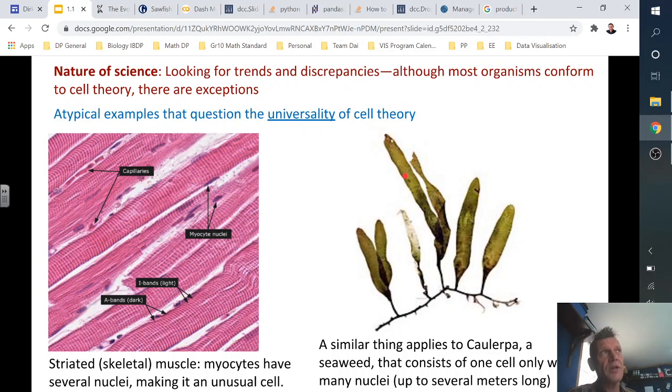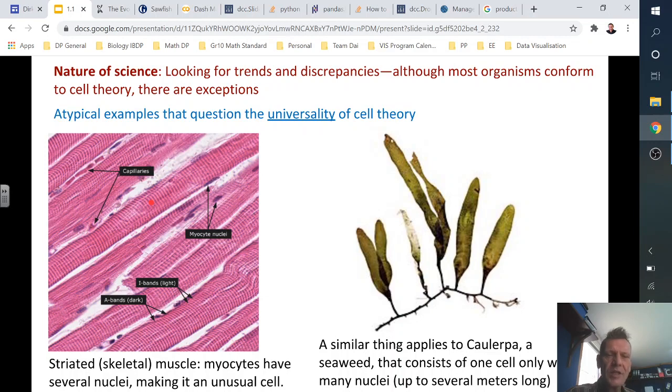There are some exceptions. That's the interesting thing about biology, that there's always a little exception to the rule in general. Striated muscle cells, for instance, are the ones that run around your bones and allow you to move.